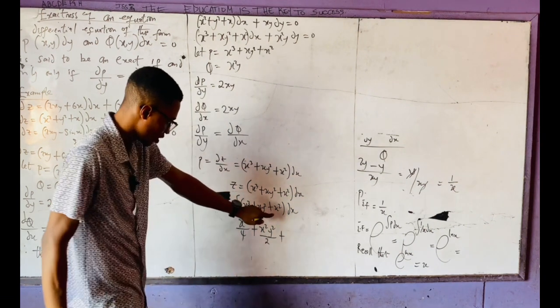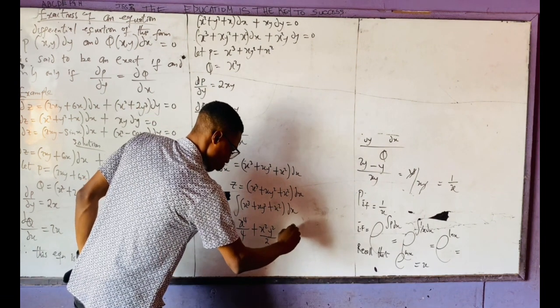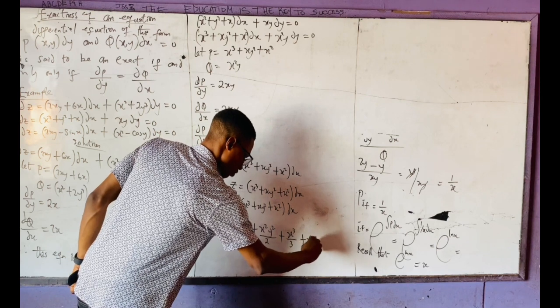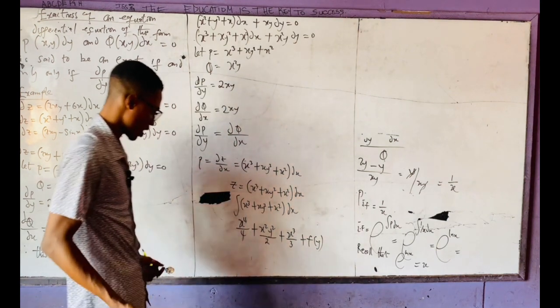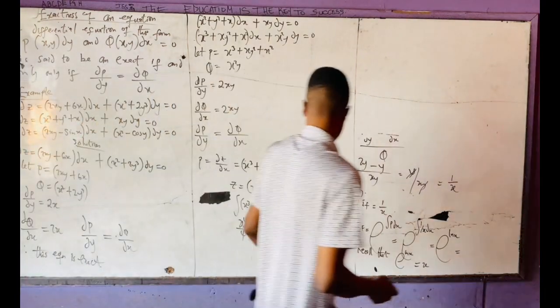Plus, if I integrate this with respect to x, I'm going to have x raised to power 3 over 3 plus f of y, because we're integrating with respect to x, isn't it? Now this is for the first expression.